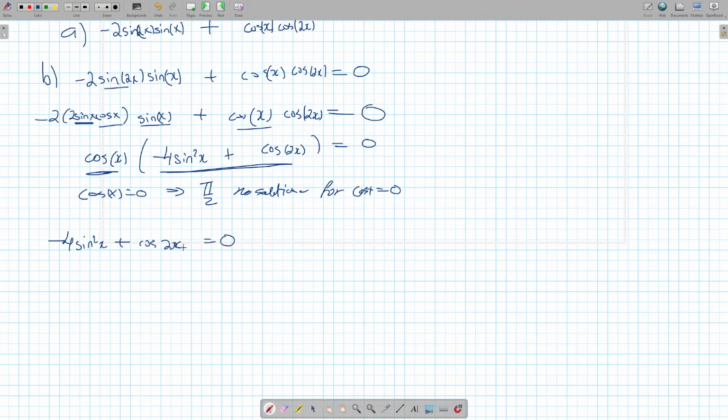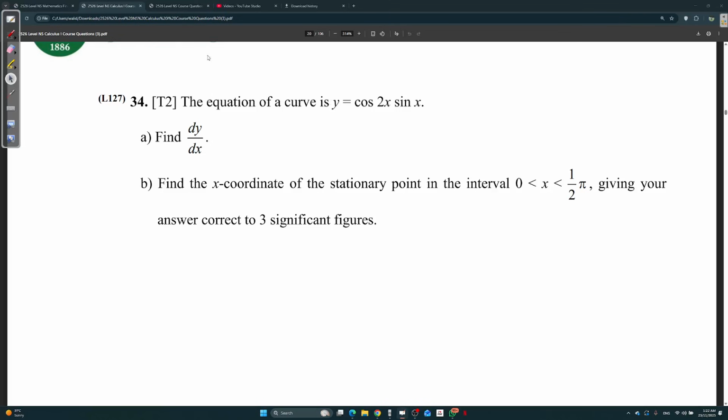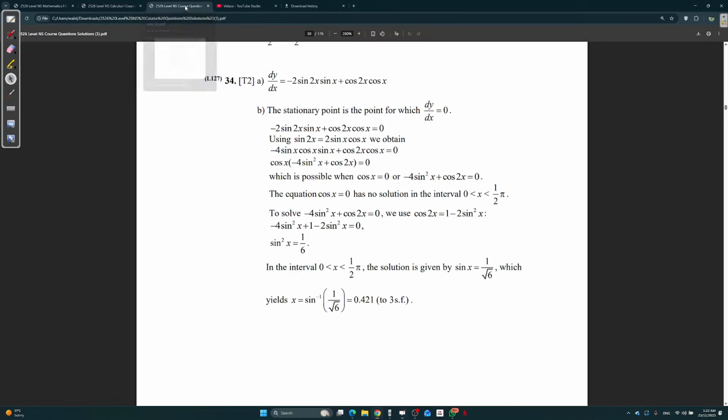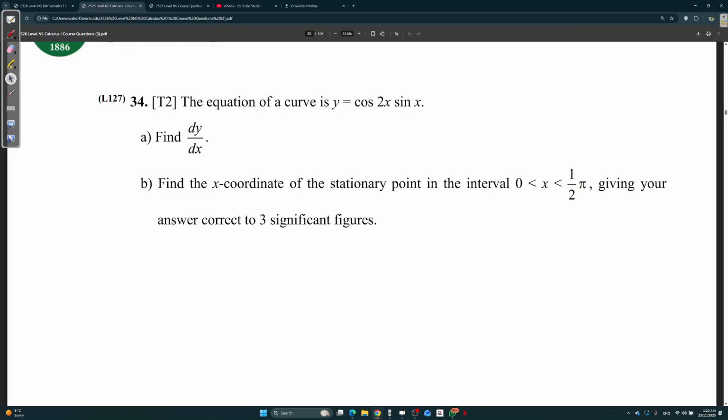How can we solve this? You need to know the rule for cosine 2x, which is 1 minus 2 sine squared x. It's double angle, half angle.